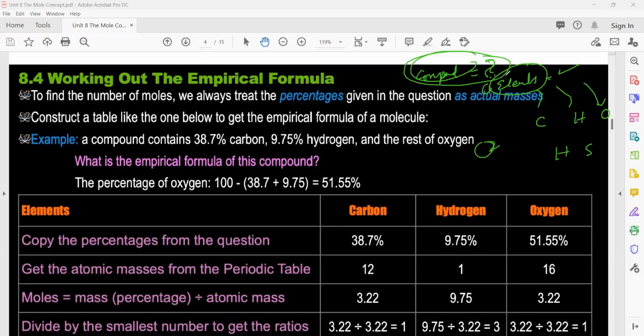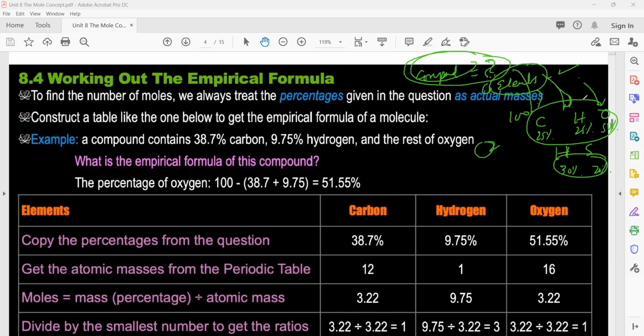For example, they can say in this compound, carbon is 25%, hydrogen is 25%, and 50% is oxygen, because the total should be 100% if you add all of them. Or for example, if the elements are hydrogen and sulfur, maybe they can say hydrogen is 30% and sulfur is 70%. Total is 100.